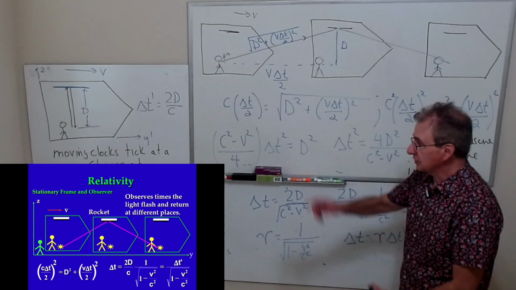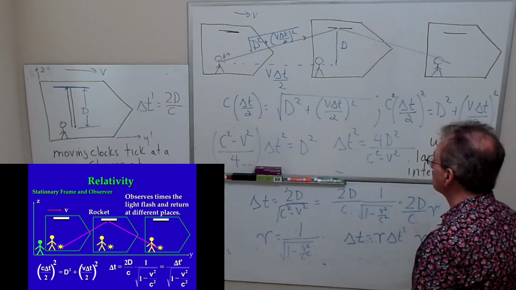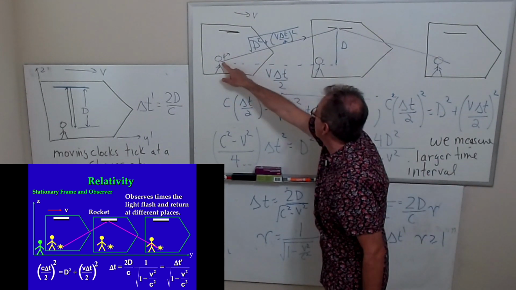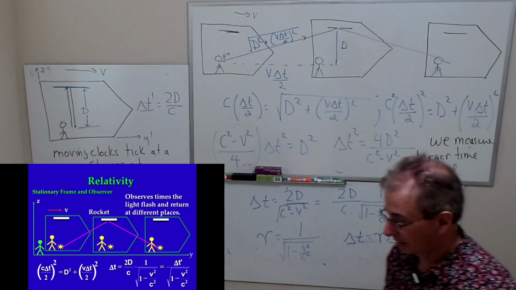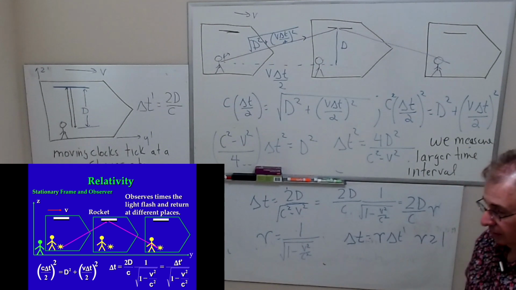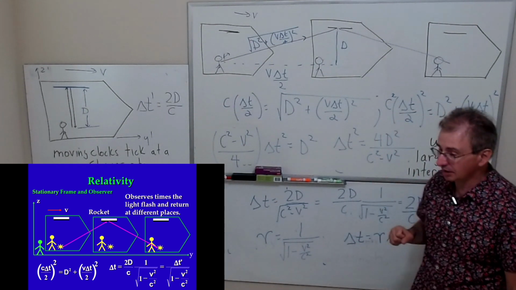So, if we see that rocket go by us, and we see the light beam take a minute to go from observer back to observer, the observer is going to experience a smaller time period. The observer will measure a smaller time period. It's not an appearance.